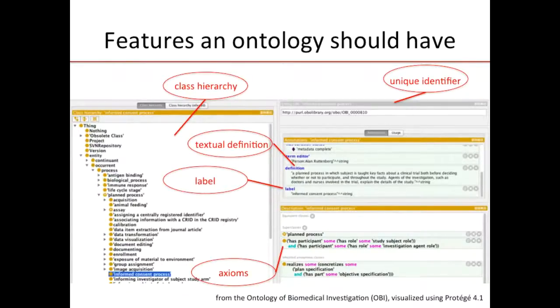They also identify classes of things: patients, doctors, hospitals, therapeutic options, informed consent documents. And they also identify relationships between things like inhibits, ISA, and so on. And then we have our class hierarchy.